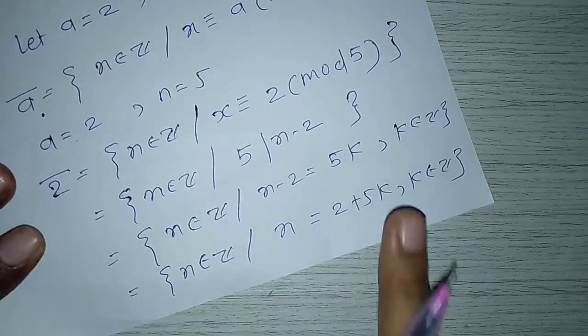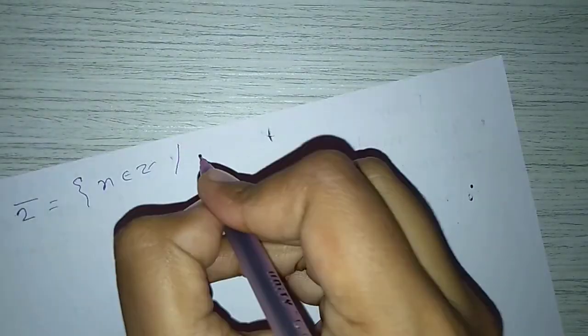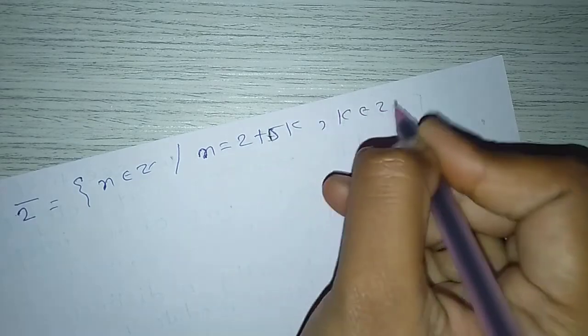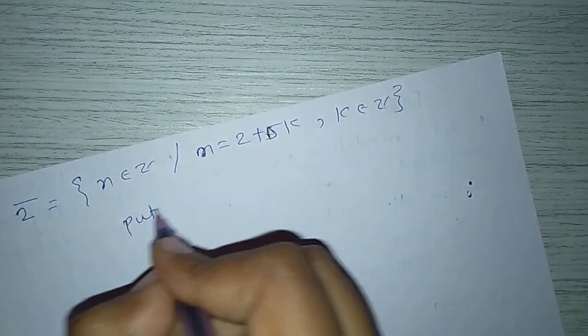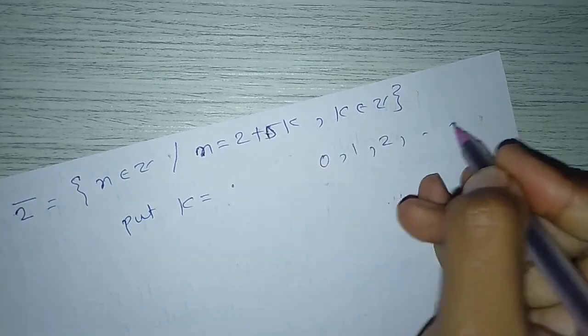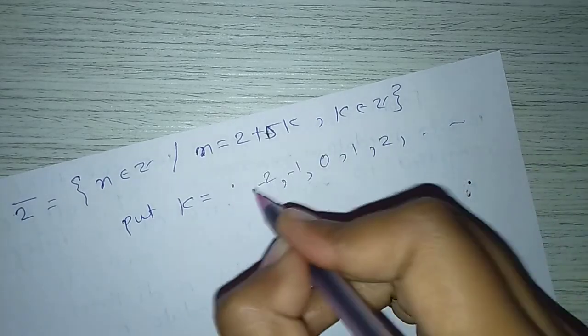The set is 2 bar equal to x belongs to Z such that x equal to 2 plus 5k, k belongs to Z. Put k equal to 0, 1, 2 and so on, -1, -2 and so on.